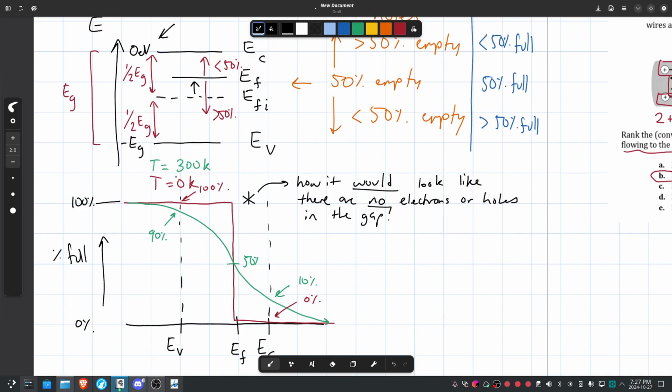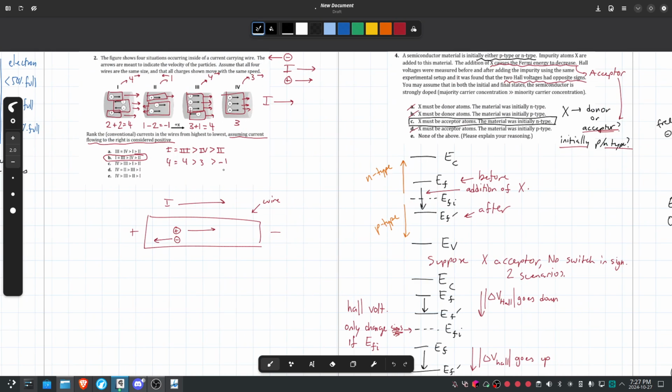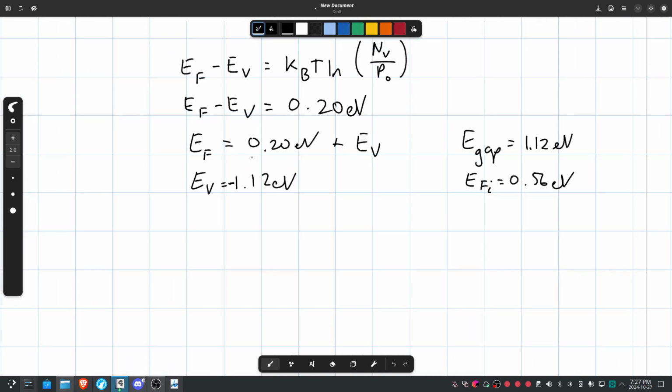So remember that our conduction band has an energy of 0 eV, and the valence band has an energy of negative the gap. So if we add this up, our Fermi energy is going to be equal to negative 0.2 minus 1.12.